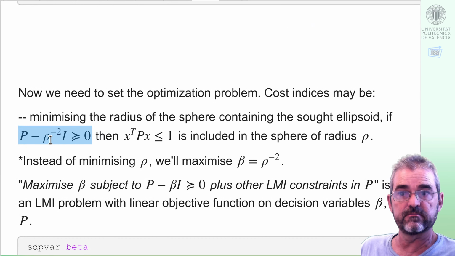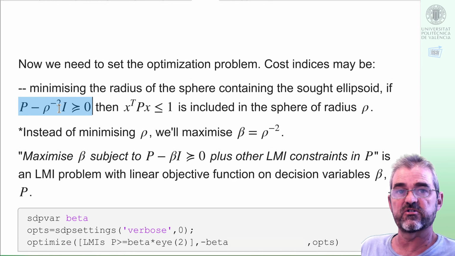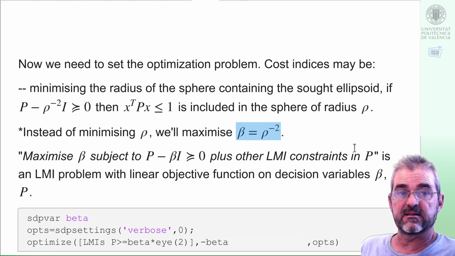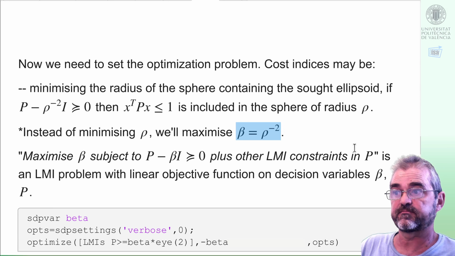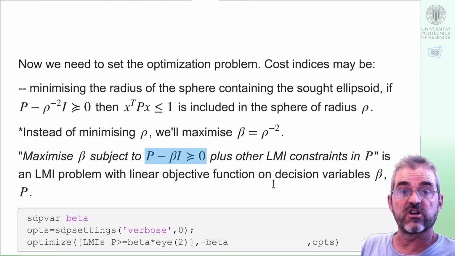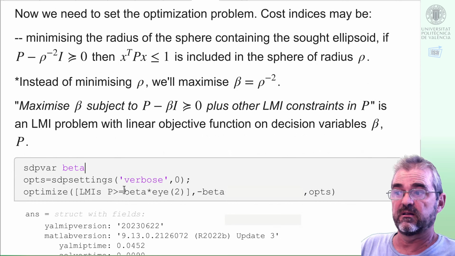So we must minimize rho, but instead of minimizing rho subject to this non-linear constraint in rho, which we cannot do without further manipulations with LMI software, just changing the name and denoting as beta the inverse square radius, then minimizing rho is equivalent to maximizing beta, so we'll maximize beta subject to this linear constraint in both P and beta, and then that can be easily handled with linear matrix inequality software, because this is an LMI constraint, and my objective function is linear in my decision variable beta, so no problem for Yalmip and SeDuMi, and this is the way to do it.